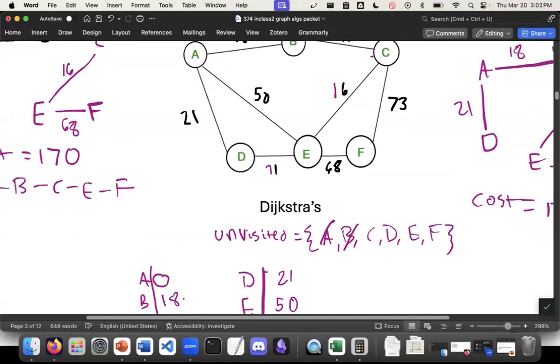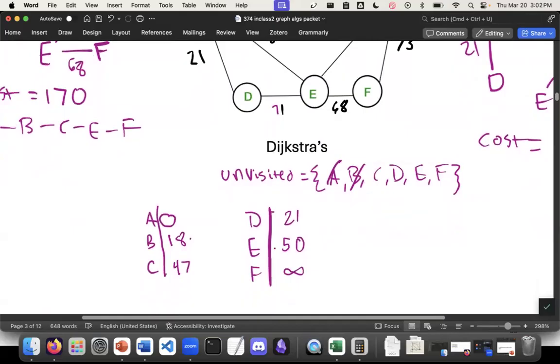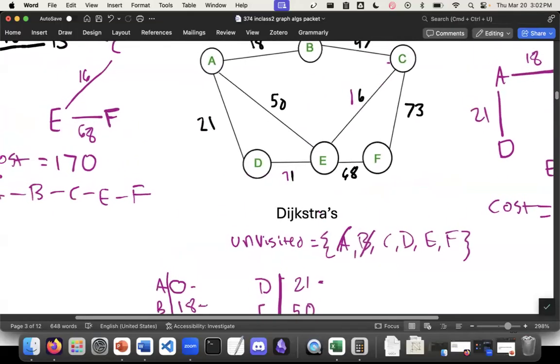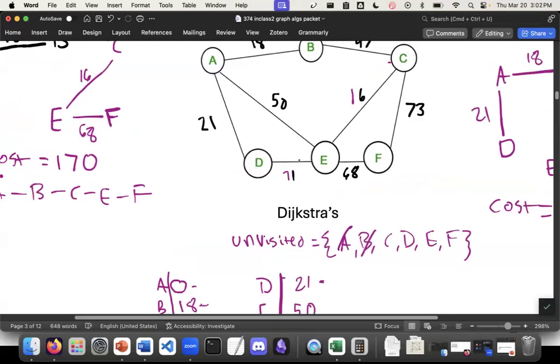So I think B is done. Cross it off the list. Now we look at the rest of the things that we know. We've done A, we've done B, so now it's C, D, or E. Which one's smallest? D. So let's look at D. From D, we can reach E. And so we could go from D to E for a cost of 21 plus 71, which is 92.